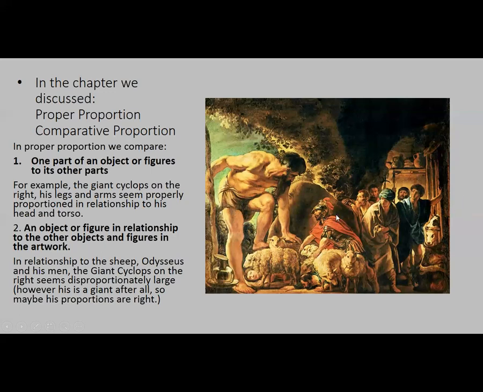Although, truth be told, he is a giant, so maybe his proportions are right. So the first one is we're comparing part of something to the rest of that something. And then the other kind of proper proportion is we're comparing a whole something to everything else in the artwork.